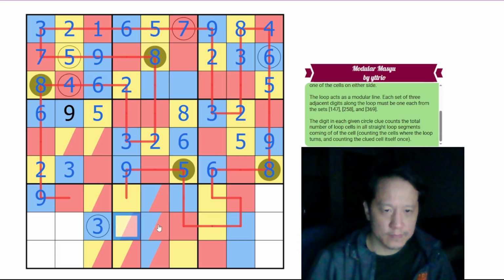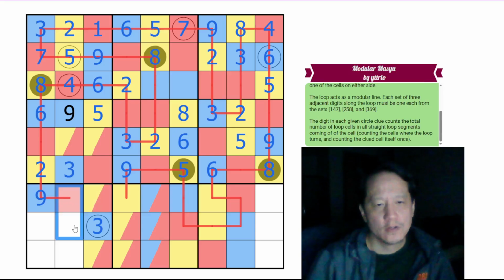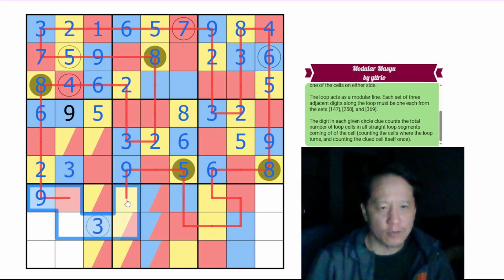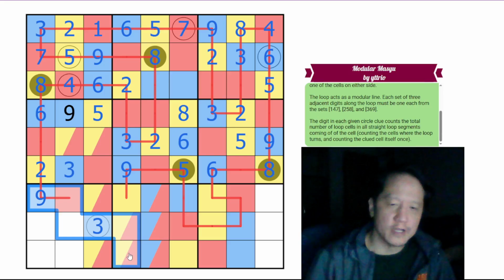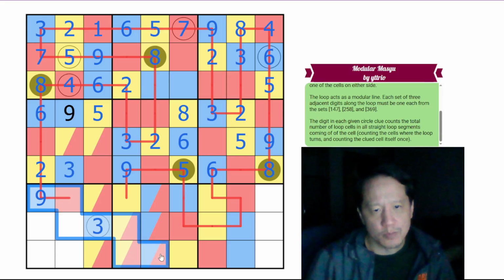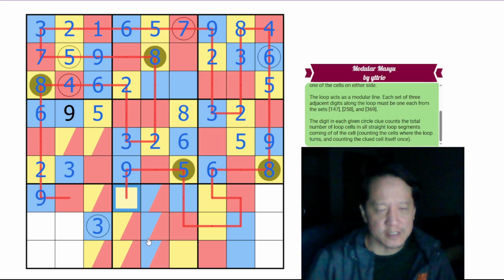Hmm. So say we went there. So blue, red, yellow, blue, red, and it could be yellow. That works. It could even turn this way though. So blue, red, yellow, blue, red, yellow, blue, red, and then the problem is it doesn't go back.